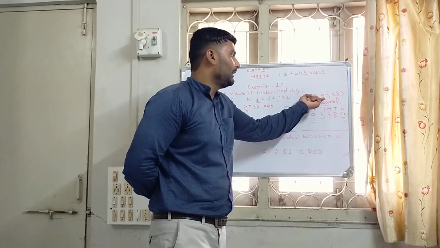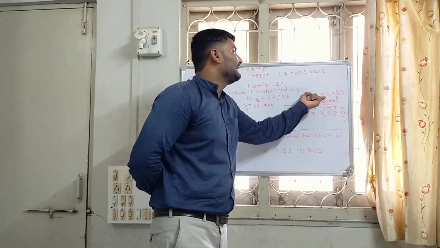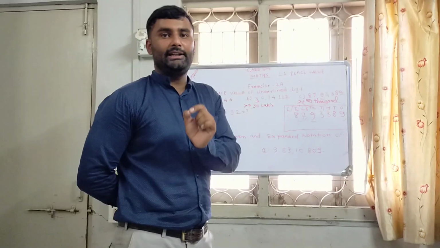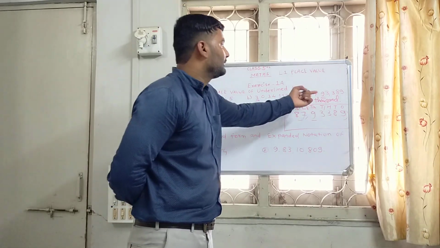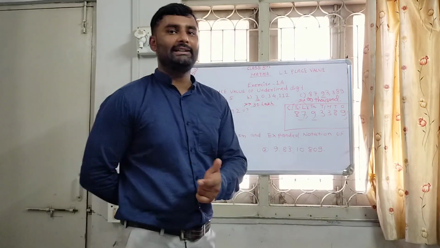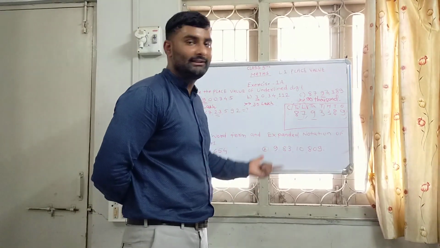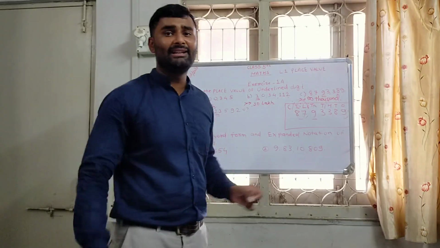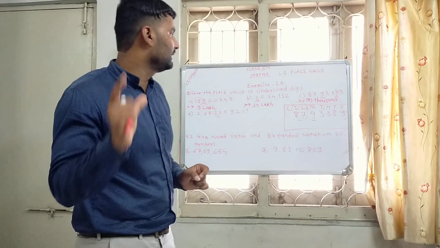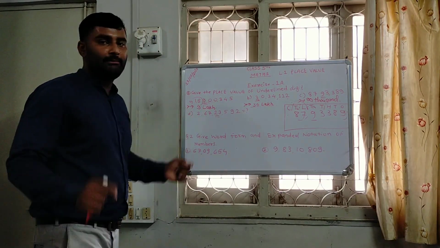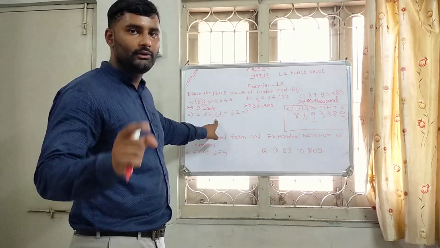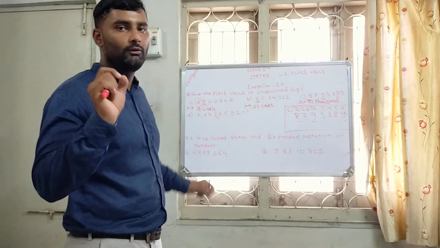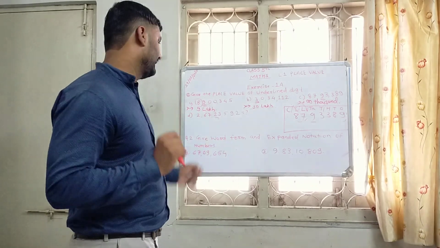While I read the number, I get 93,000 in my pronunciation. So the answer comes by reading the number itself that the value of 9 is 90,000. Okay. So let me know what the answer of 2 is. You have to solve it in your notebook, and this is your homework for question number 1.